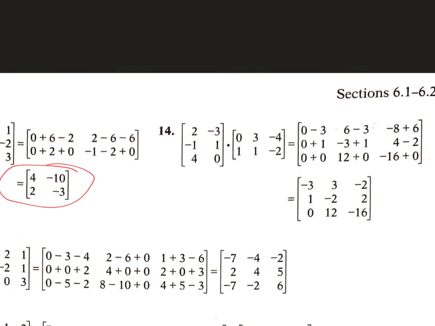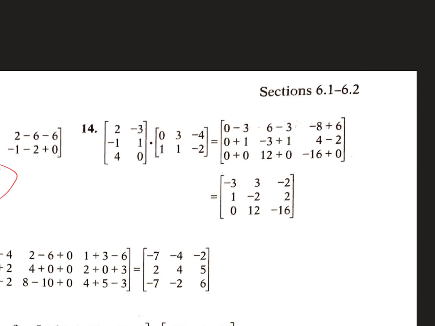All right, at this point, I'm not going to go through each of the rows because you can look and see here how they get multiplied. So remember, you're going across, then down. So first row, first column to get here. First row, second column, first row, third column.